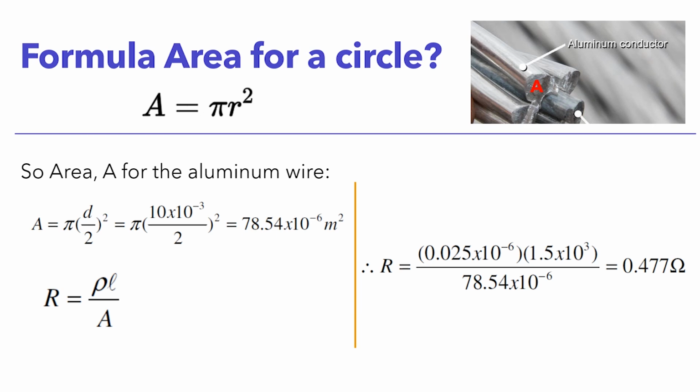The rho is 0.025 times 10 to the power of minus 6 times 1.5 times 10 to the power of 3 divided by 78.54 times 10 to the power of minus 6, equal to 0.477 ohm. So the resistance for this aluminium wire is 0.477 ohm.